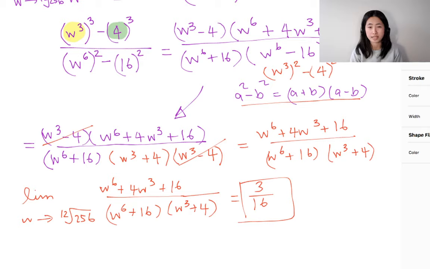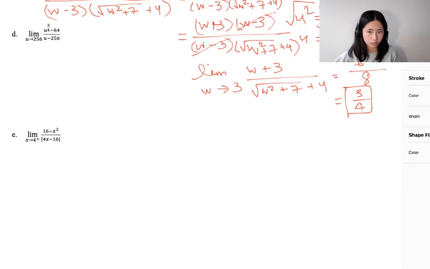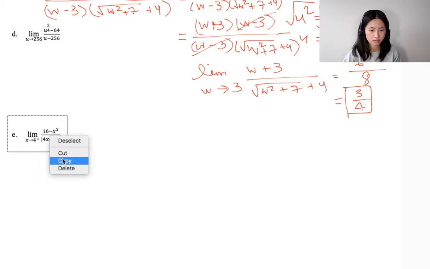Okay, so moving on to the next question. I think there was one question left for limits before we proceed to the next one. Okay, great. Interestingly, we have an absolute value, so this is a good practice.